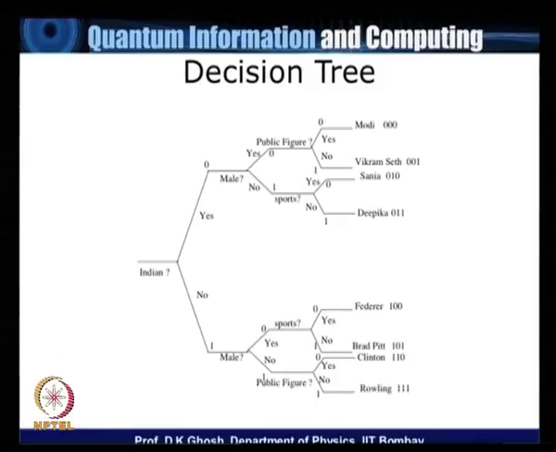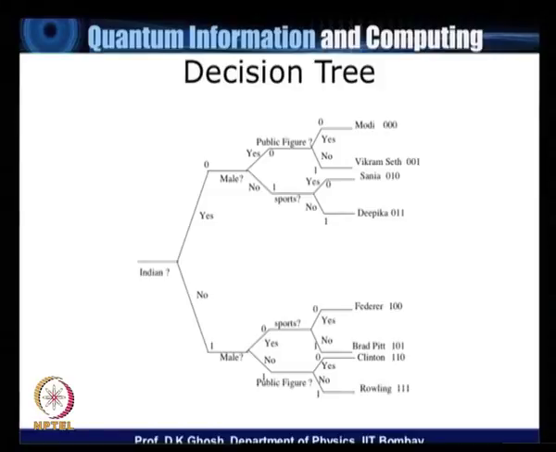Now I associate with every yes a bit 0. So I have come to the first bit, the leftmost bit, to be 0. Now I ask the question, is that a male or a female? If the answer is yes, again I pick up a second 0. If the answer is no, I pick up a 1. Now each one of these groups has 2 answers.